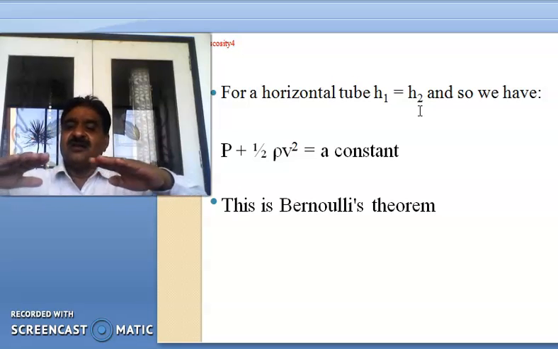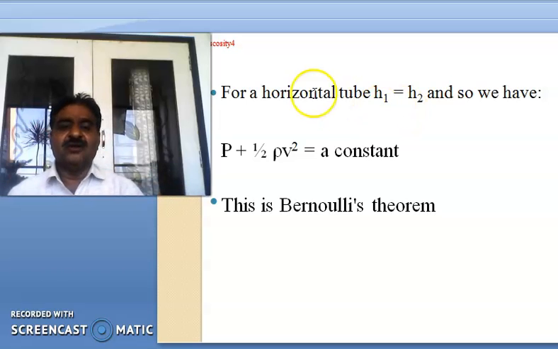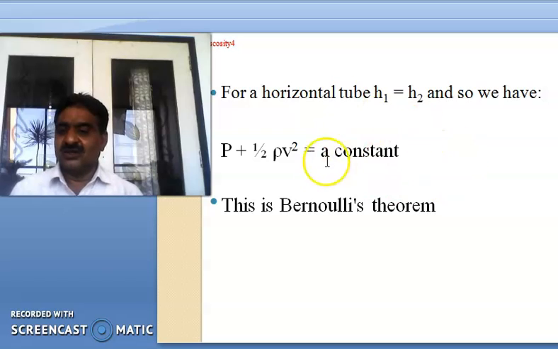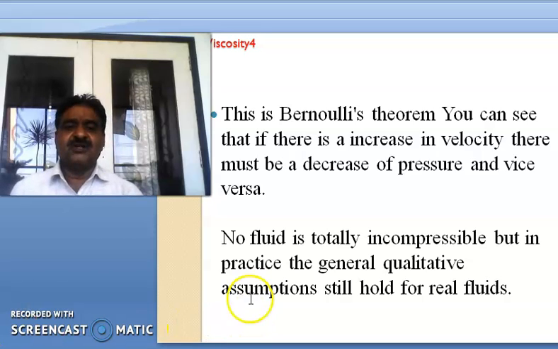So in a horizontal tube, H1 is equal to H2. Therefore we have P plus half rho V square as a constant, with no difference in the heights of the points. This is Bernoulli's theorem.